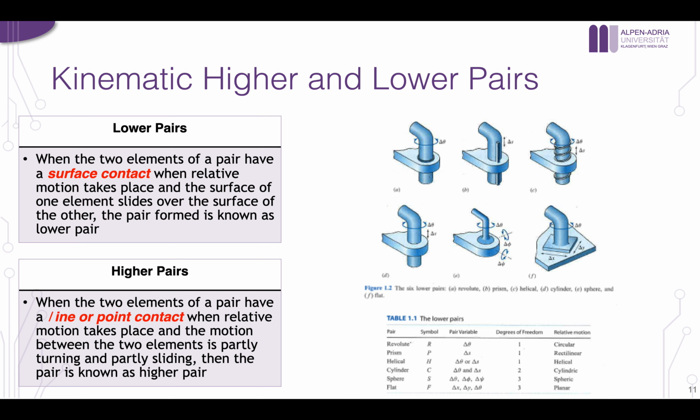The lower the degree of freedom, the better. This is why the standard joints used for robot arms mainly, and robotics in general, are the revolute and the prism. So either this or this.